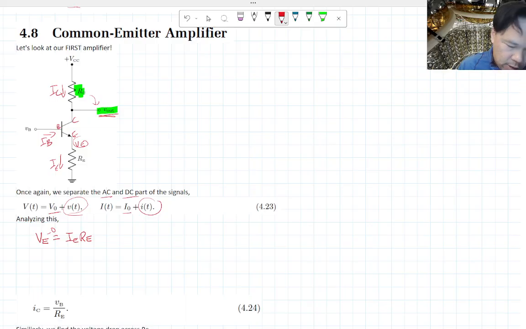But the voltage at the emitter is also equal to the voltage at the base minus this 0.6 volts.